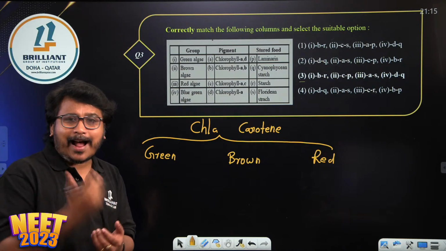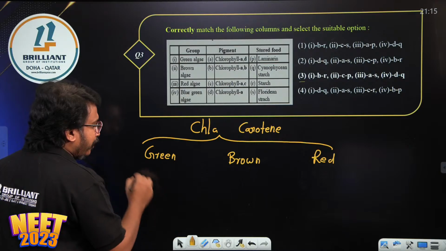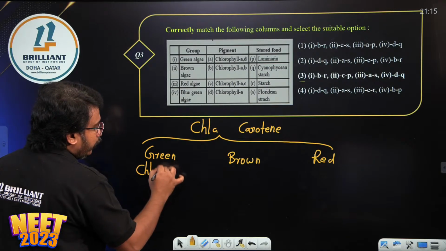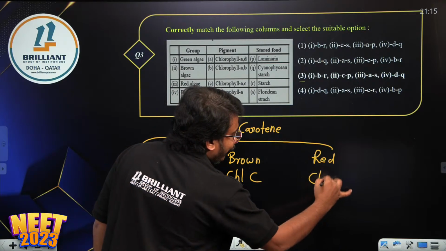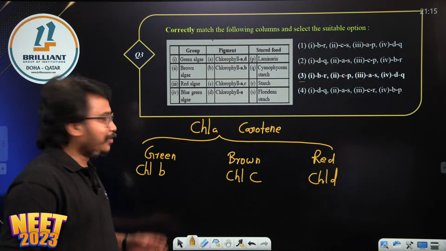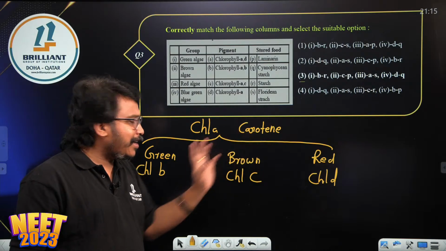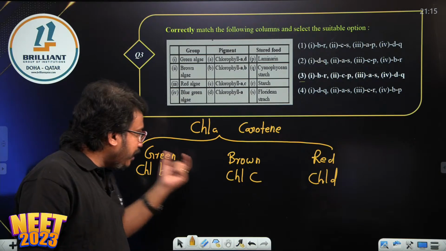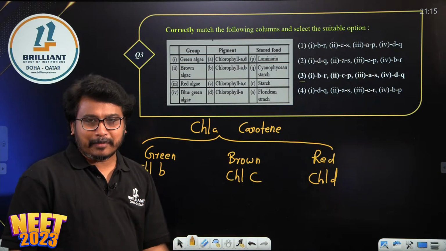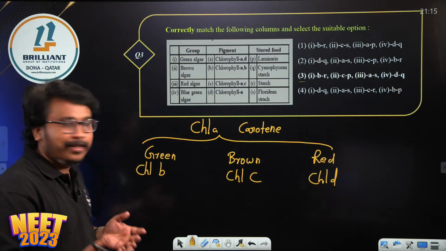Now, what are the additional pigments coming in them? If you take chlorophyll, you can see there is chlorophyll B, chlorophyll C, chlorophyll D. Like that you learn. So in green, brown and red algae, there is this chlorophyll A and carotene. In addition, they are also having chlorophyll B, C, D. That order you remember.